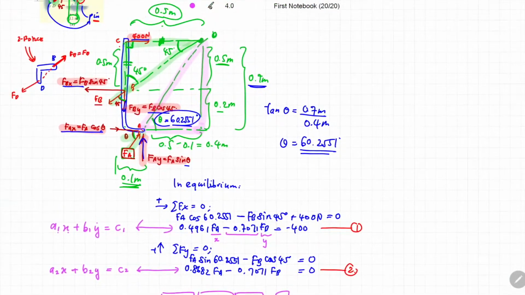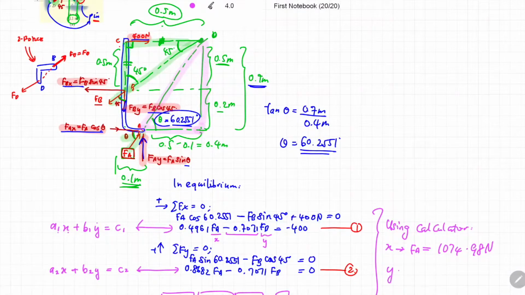Based on the solution in the calculator tadi, so you can say using calculator, the X value which actually represent for FA is equivalent to 1074.98 Newton. Okay, and the value of Y tadi yang you dapat, which is the value Y which represent the magnitude of FB, is equivalent to 1319.89 Newton.